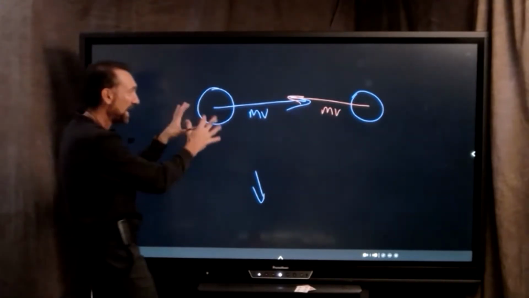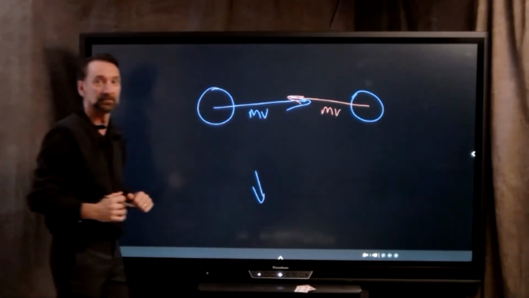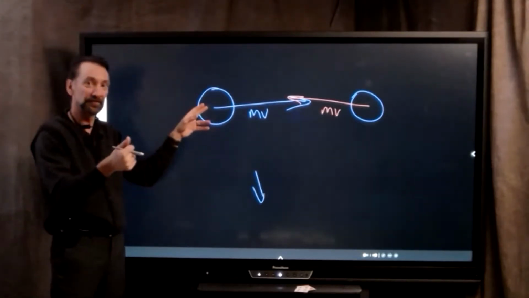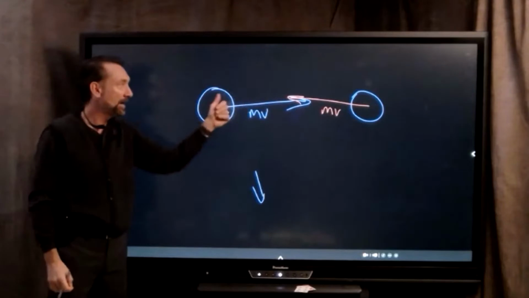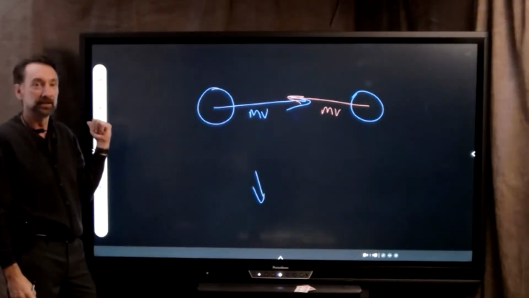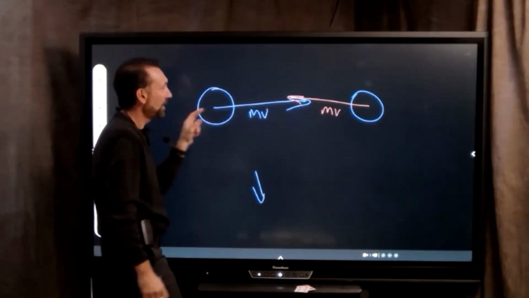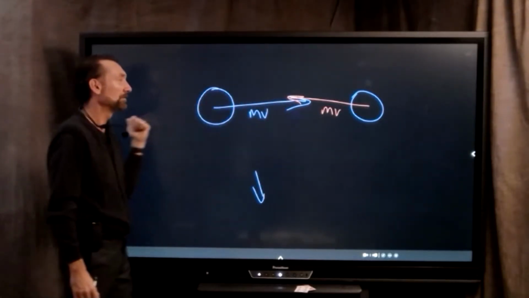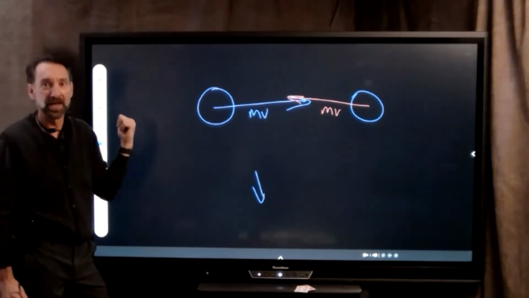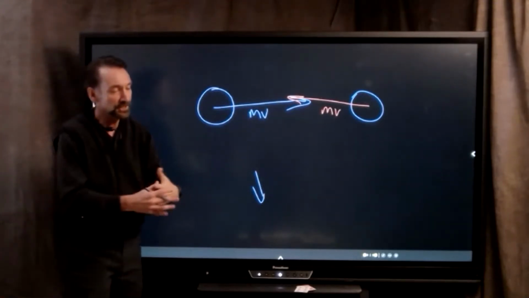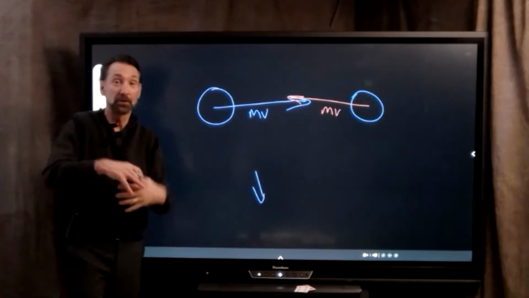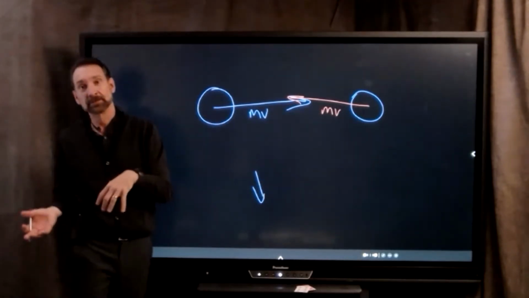If I had a snapshot of the ball, I wouldn't know when I start the film whether it was going to go that way or that way, because the momentum could be pointing either way. The laws of physics are completely reversible. They work in both directions equally well.